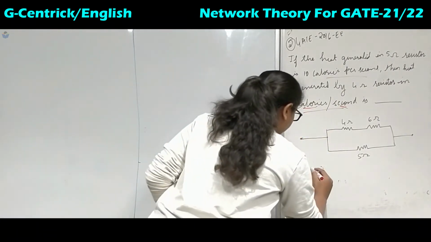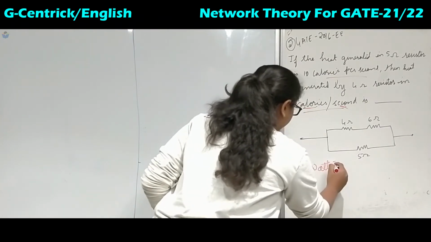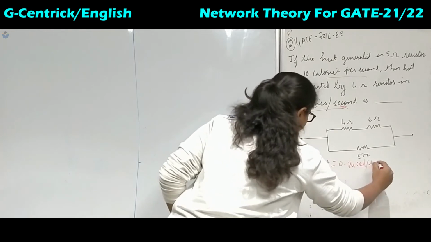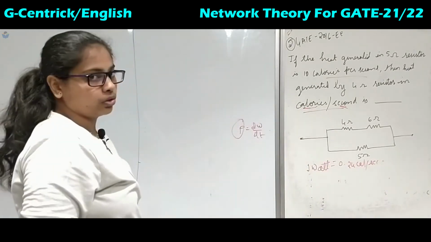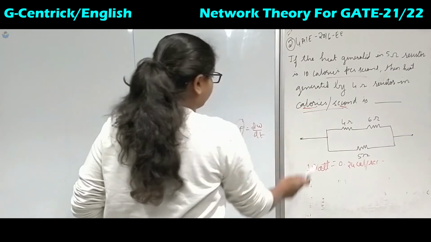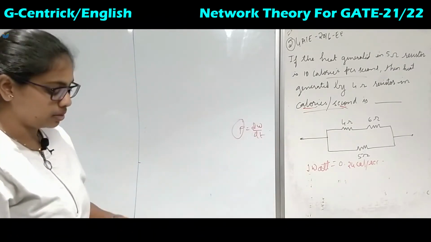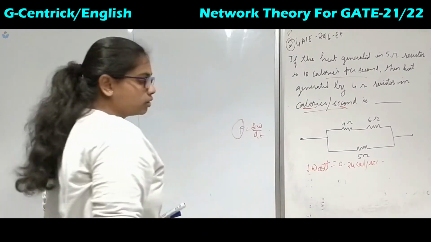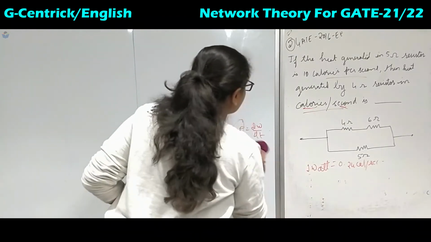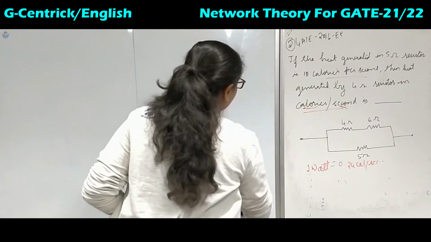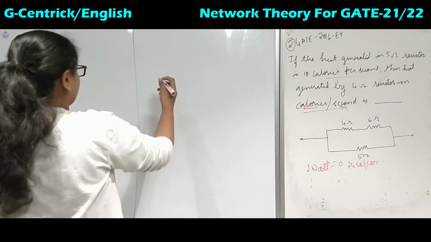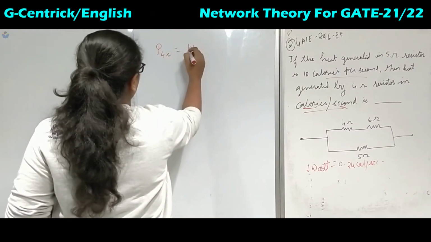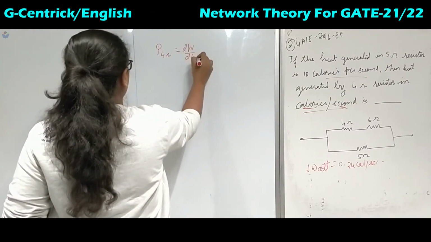But if you take the value for conversion, 1 watt is equal to 0.24 calories per second. If they have asked in watt, then you have to use this formula to calculate it in terms of watt. What they have asked is the power in the 4 ohm resistor, that is dW upon dt.